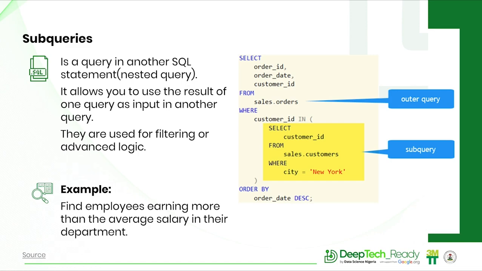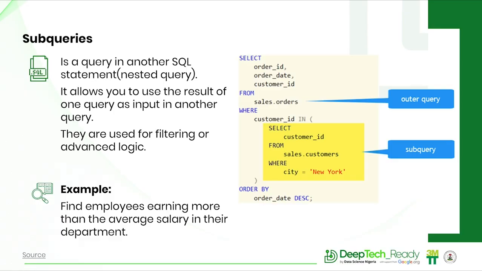We have an image illustration to also explain how the subquery works. We want to get our order ID, then our order date column. We also want to get our customer ID from our orders table.